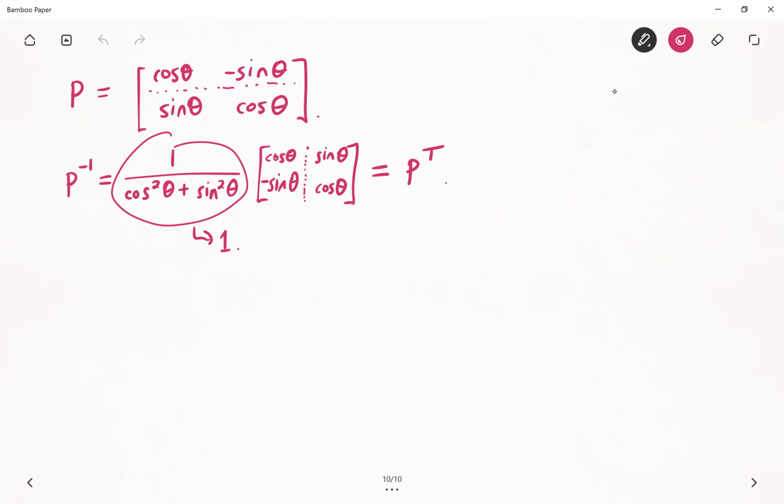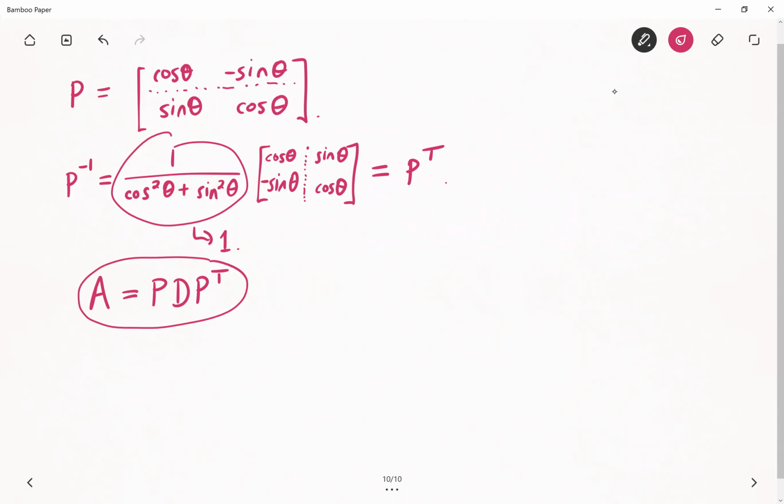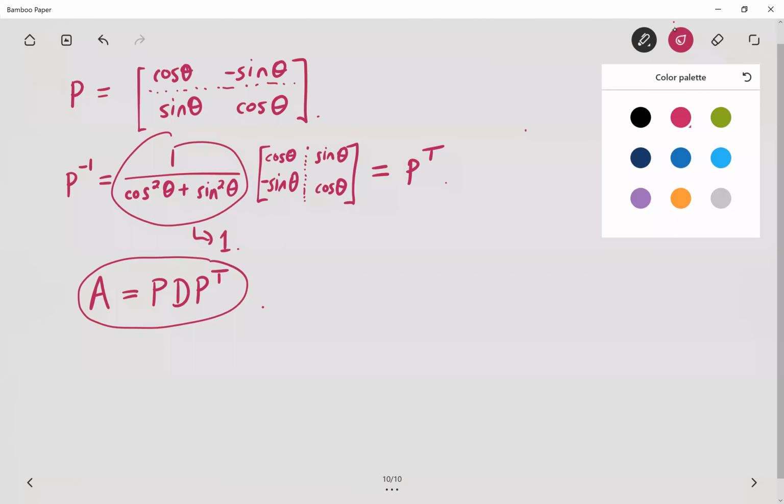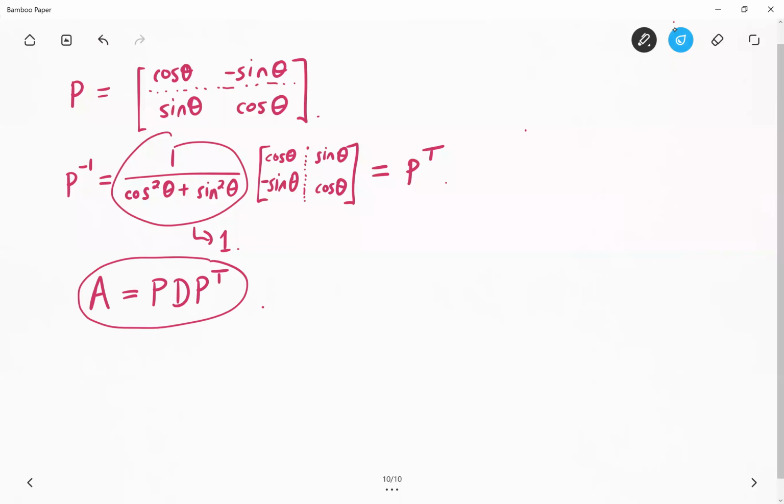So putting it all together, we can write our nice symmetric matrix A with a diagonalization or a factorization like this. Now, as a parting thought, there's one question I'll leave you to think about. Maybe I'll write this in blue.